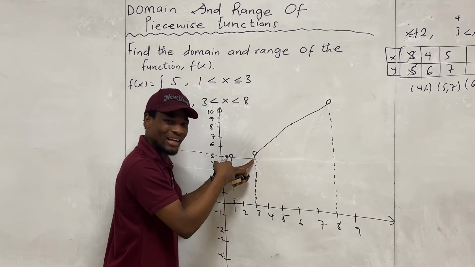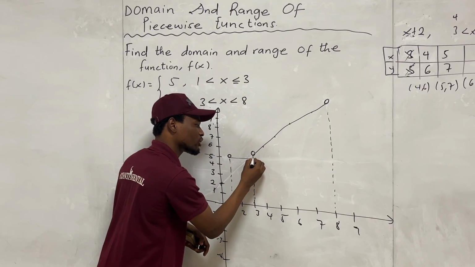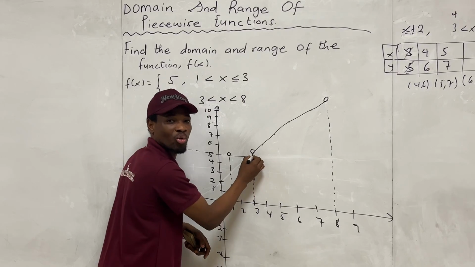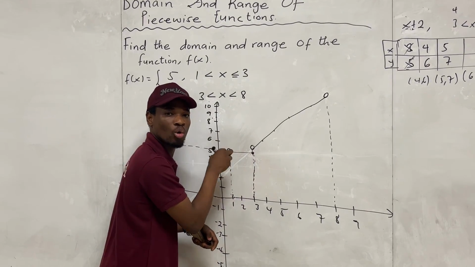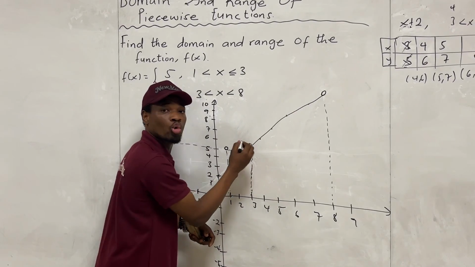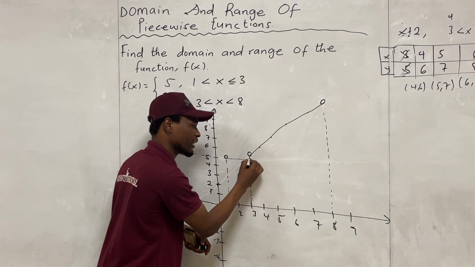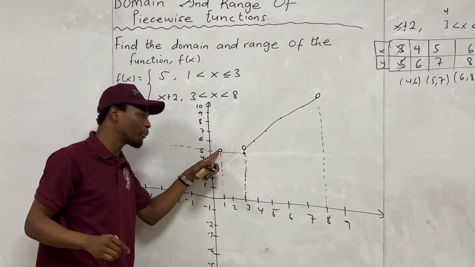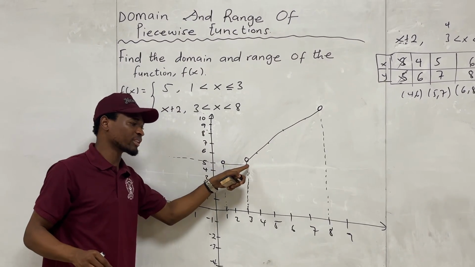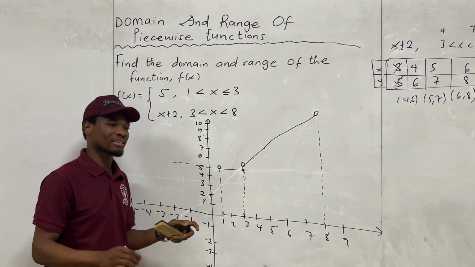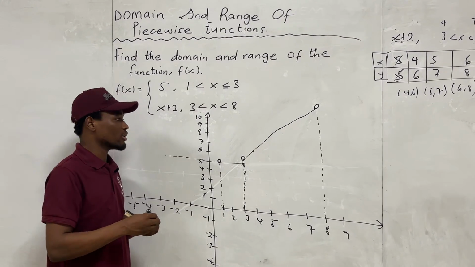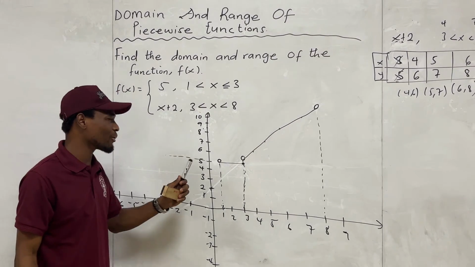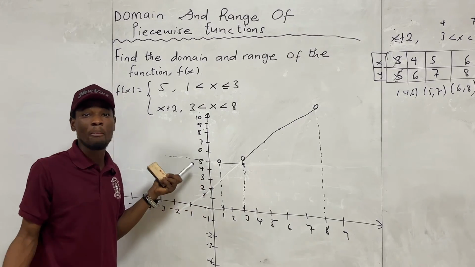Do you get that? As a result of that, you apply what we call a solid circle or a closed circle. So this point is closed. So this is open at this point, and this is closed at this point. As simple as that. So how can we write down the range and the domain?